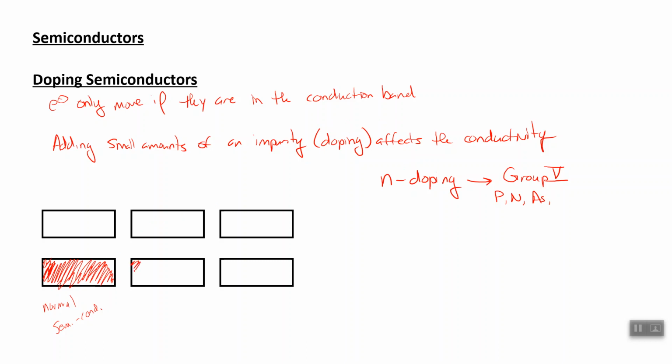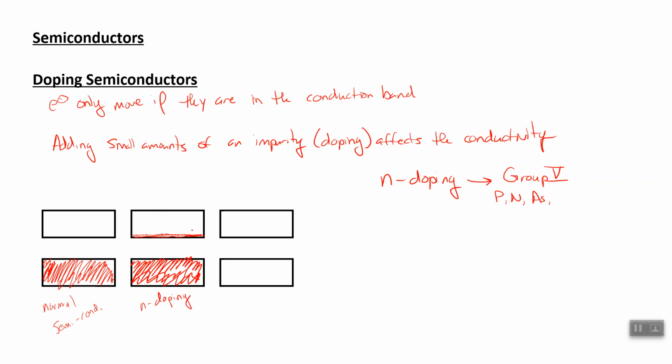If we do N-type doping, we still have our full valence band. This is still full down here, but now we have just a little bit of these group 5 elements, and what they're going to do is add just a tiny little layer of electrons to the conduction band. This is N-doping.